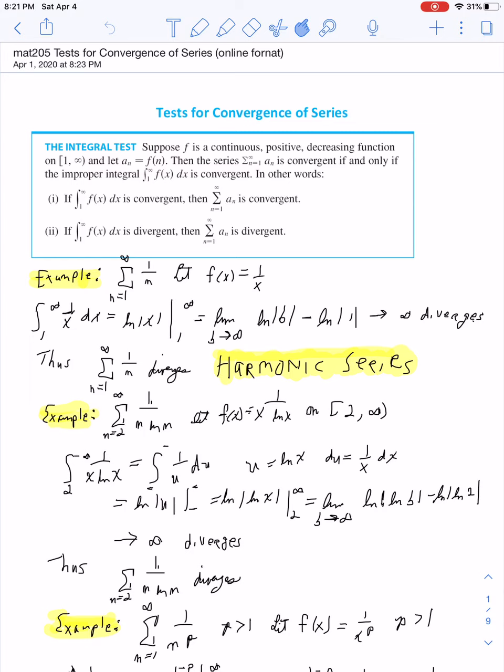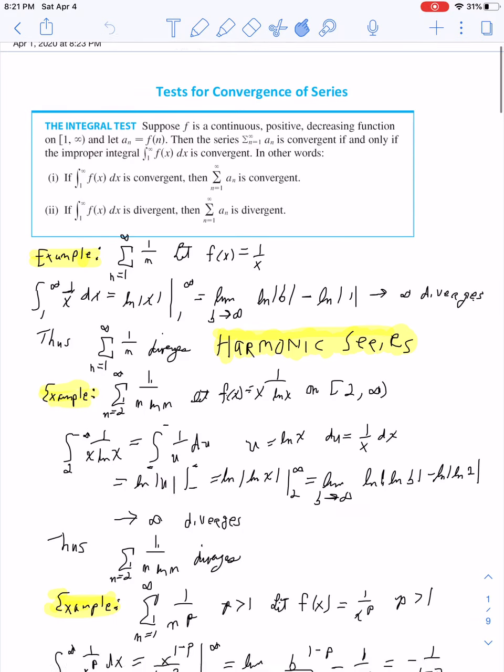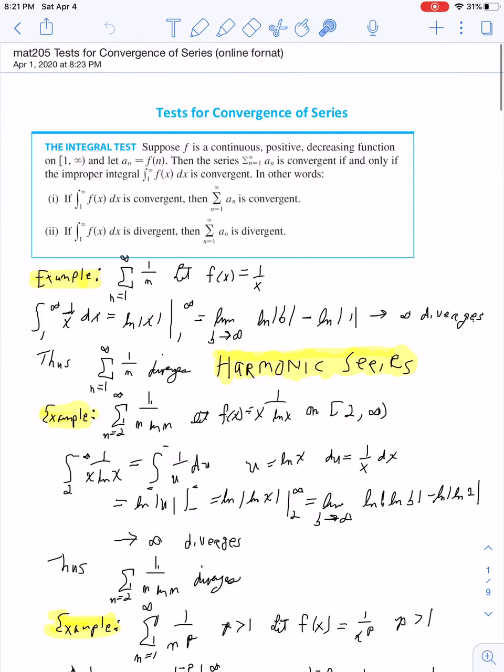So the first test that we're going to look at is called the integral test. And the integral test, which is right here, has the following statement.